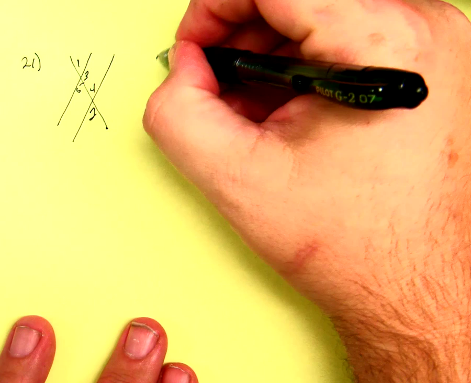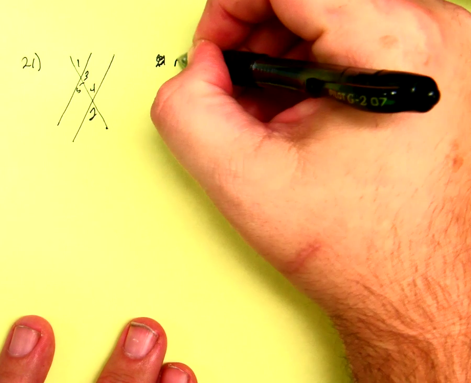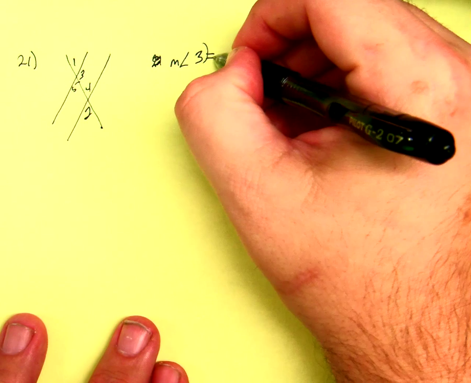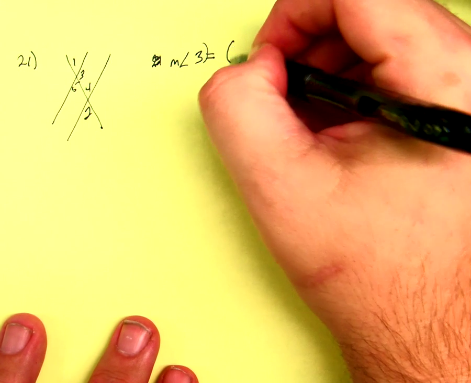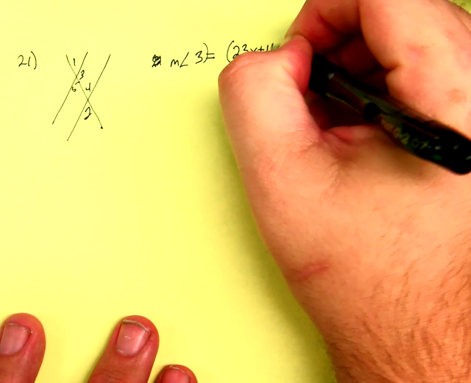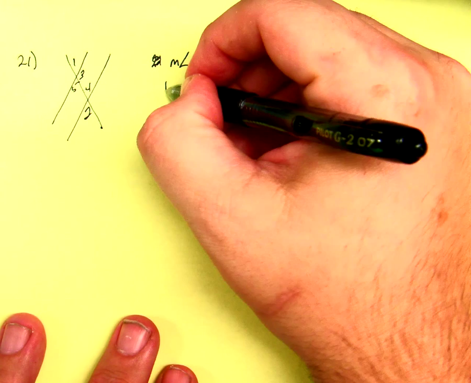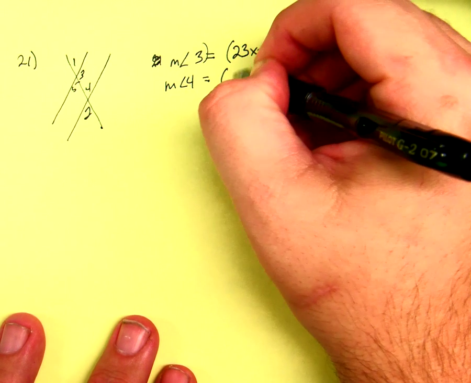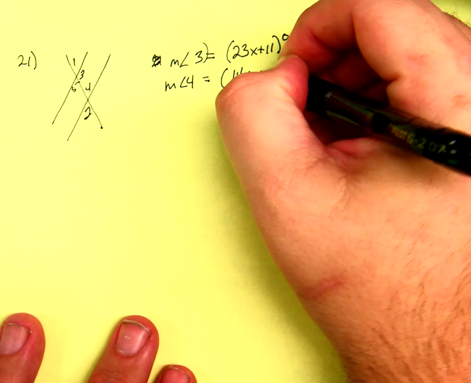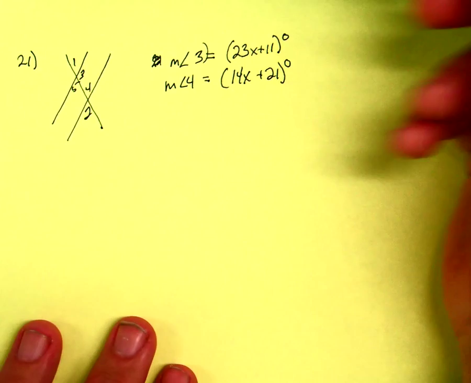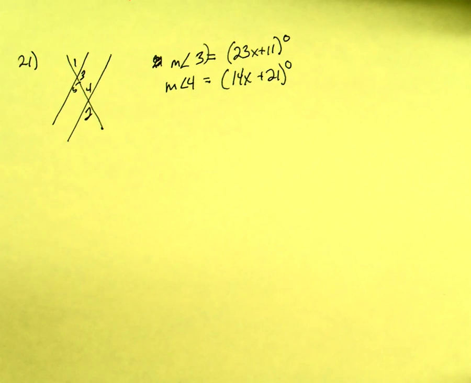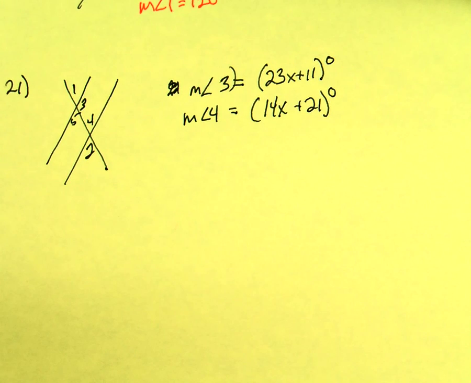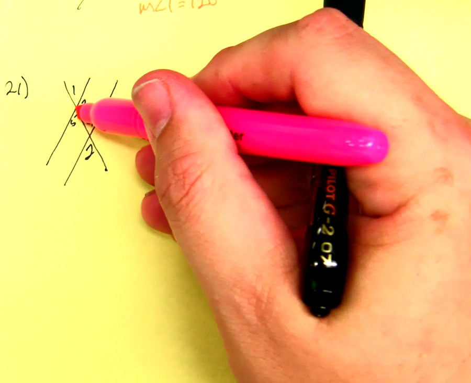And for 21, we know the measure of angle 3 is equal to 23x plus 11 degrees, and the measure of angle 4 is equal to 14x plus 21 degrees. So for 3 and 4, we're looking at that angle and that angle.